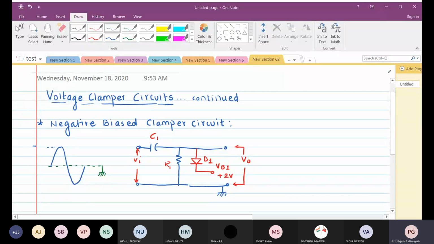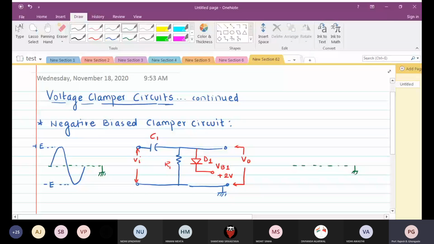Again, this is plus 2, this is minus 2. Now let us have a look at what we get at the output, and then later on find out why it happens.